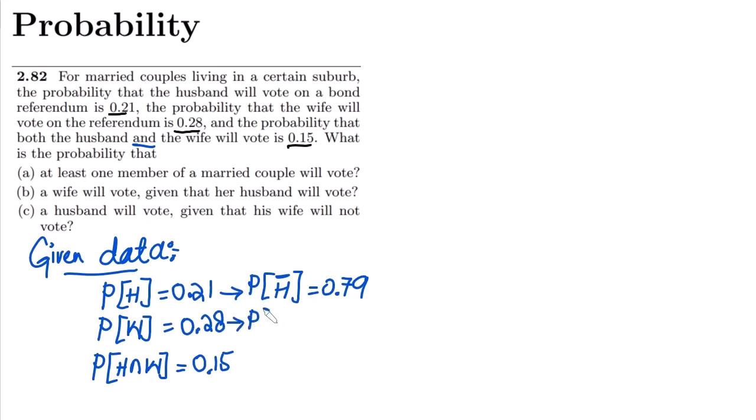Similarly, the probability that a wife will not vote, also represented by the complement, would be 1 minus P of W, 1 minus 0.28, so that would be 0.72.